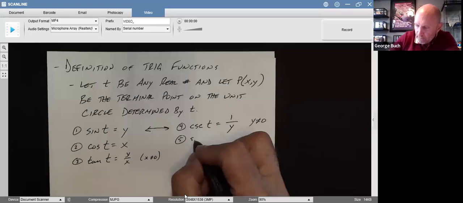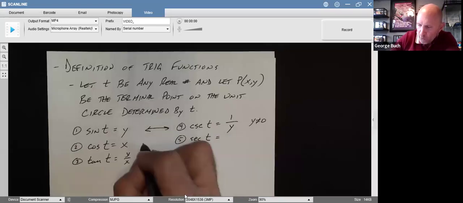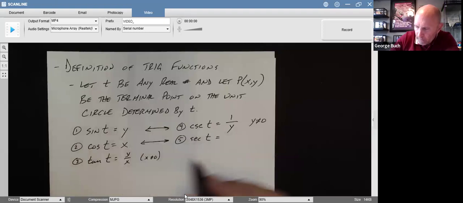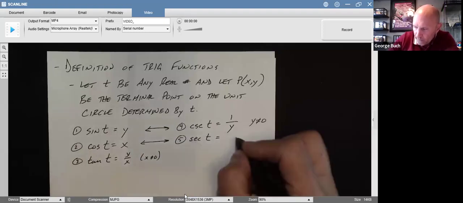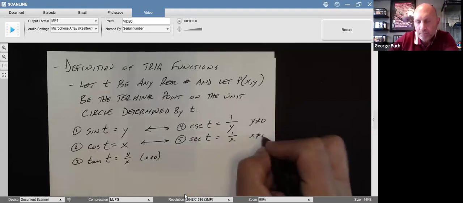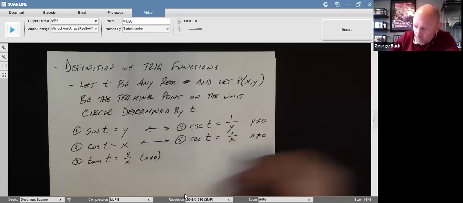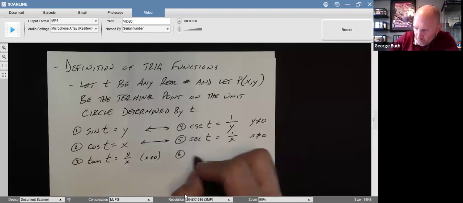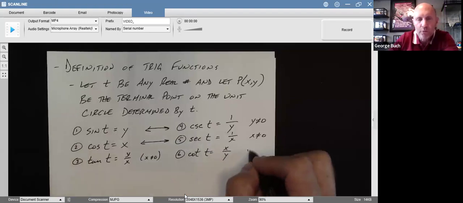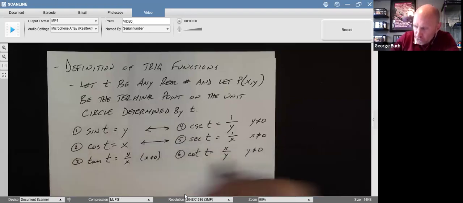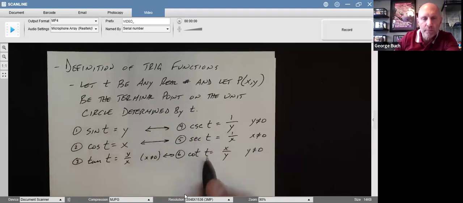Secant of t, so secant and cosine go together. This is 1 over x. So again, x can't be 0. And what's called cotangent of t is x over y. So again, y can't be 0, of course. And tangent and cotangent go together.